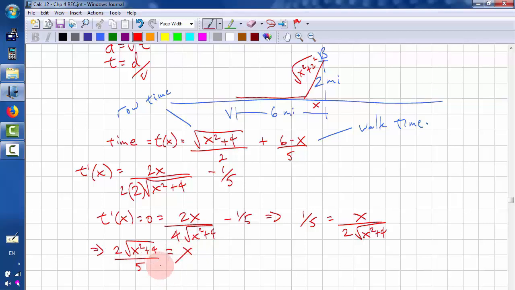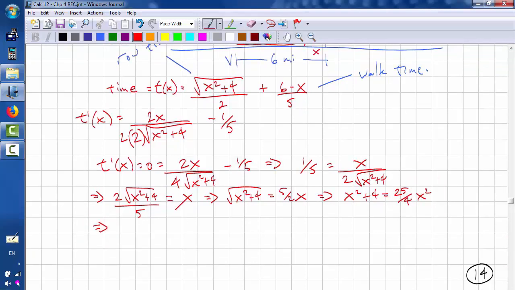Okay, we want to move everything but the square root to one side. So we have the square root of x squared plus 4 equals 5 over 2 x. Now we can square both sides. That means we get x squared plus 4 equals 25 over 4 x squared.